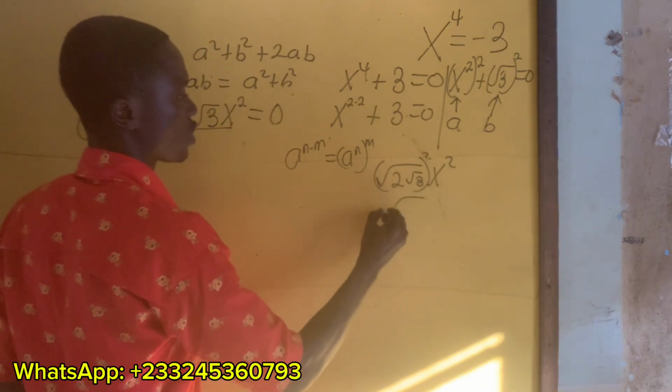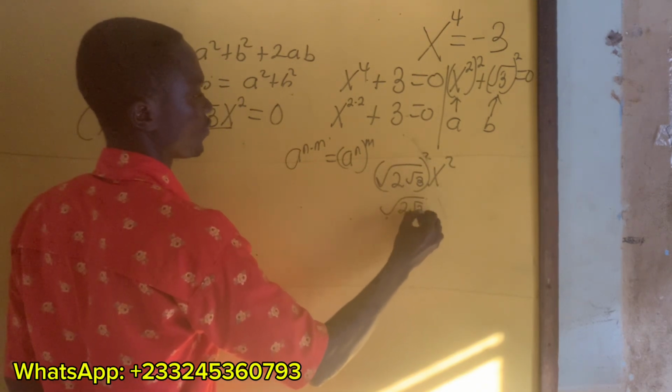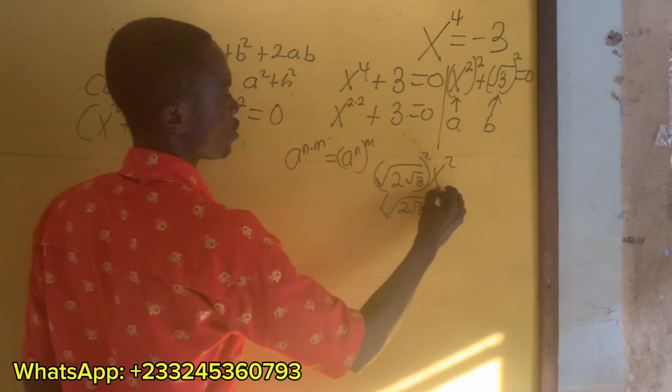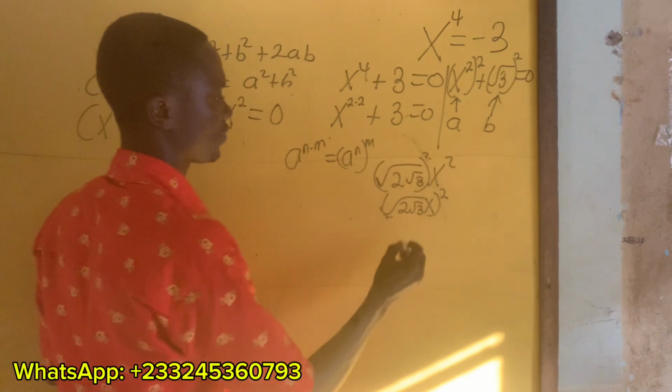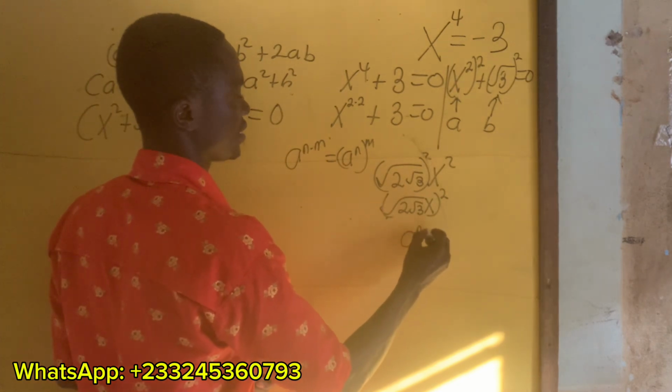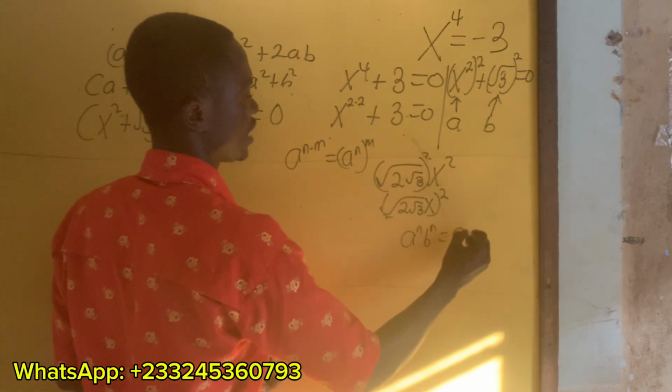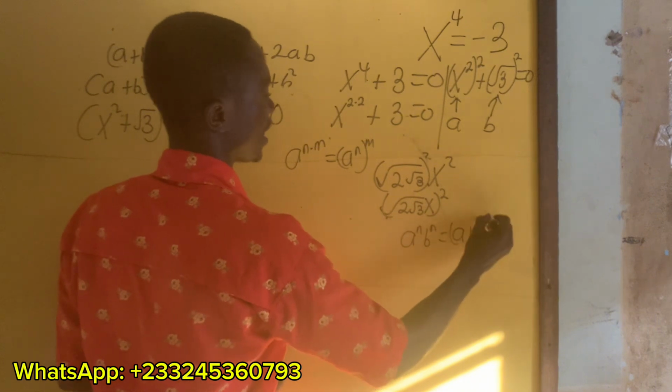So this is square root of 2 square root of 3 times x all squared. That is the laws of exponents. If I have a power n, b power n, it is ab all power n.